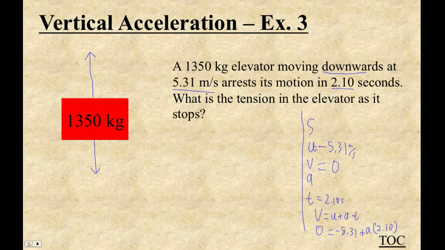Okay. Now notice this, when we do this, this guy's going to go on the other side and become positive, and then we're just going to divide by 2.10. So the acceleration ends up being just positive 5.31 divided by 2.10.